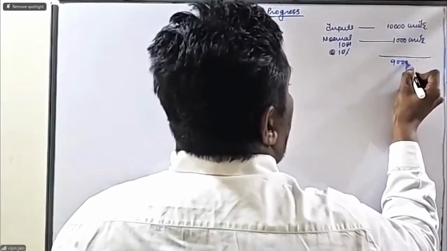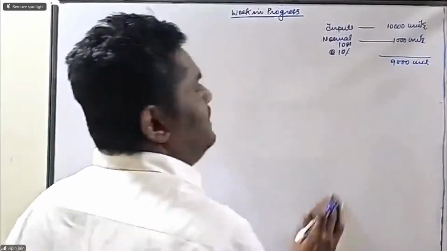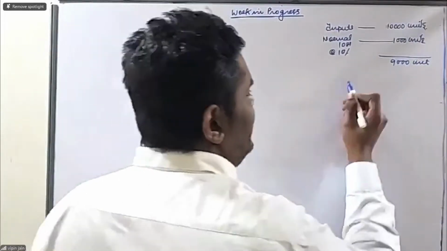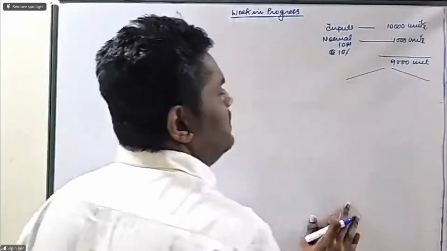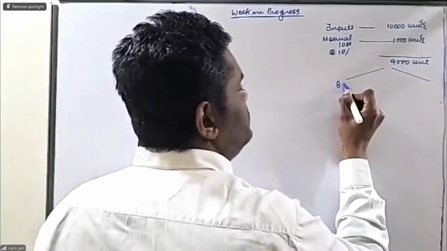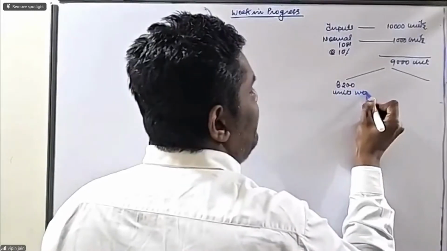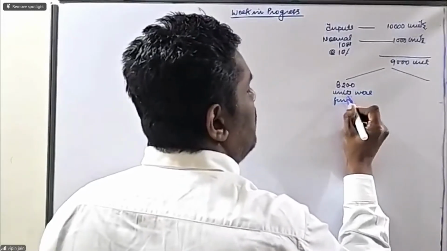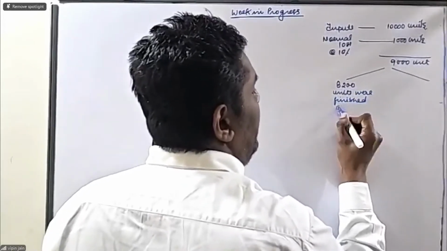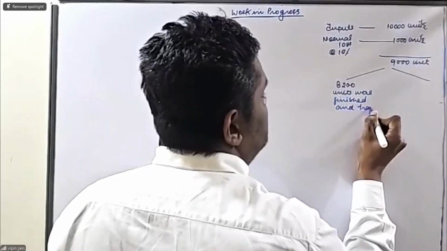So my output is what? 9,000 units. Of these 9,000 units, let's say 8,000 units were finished and transferred to the next process.